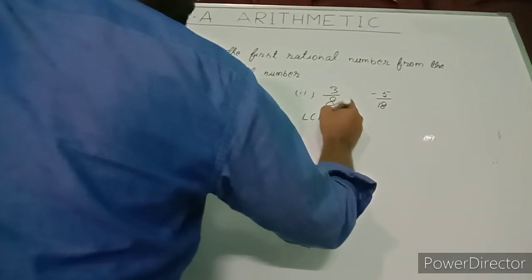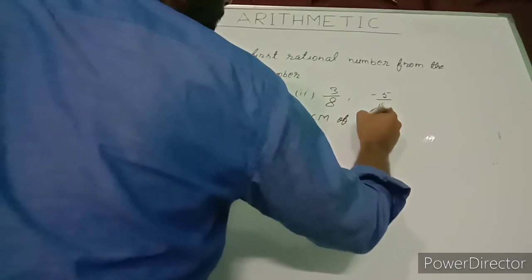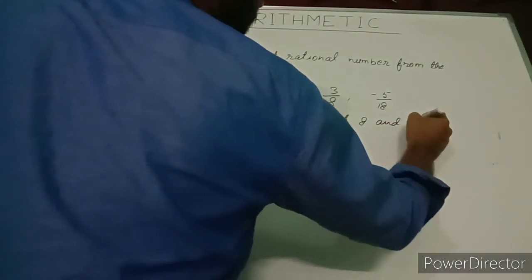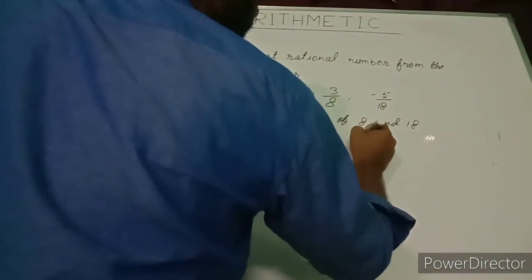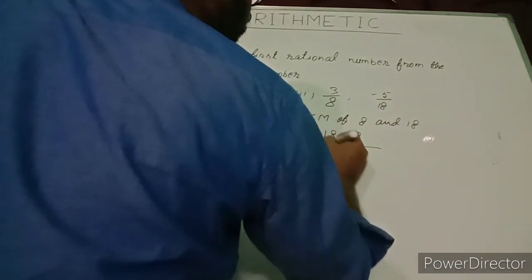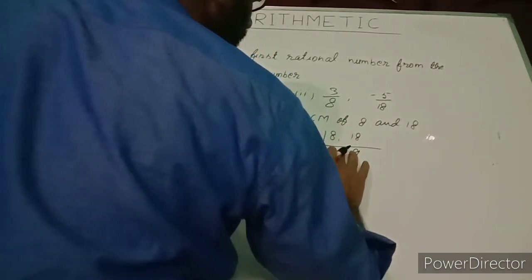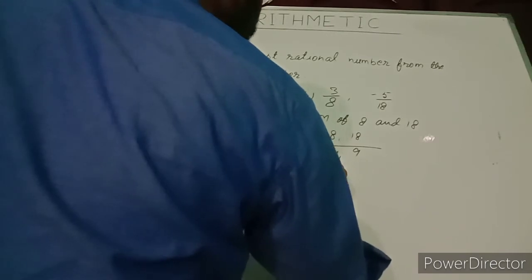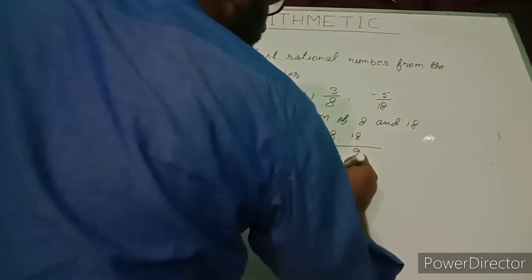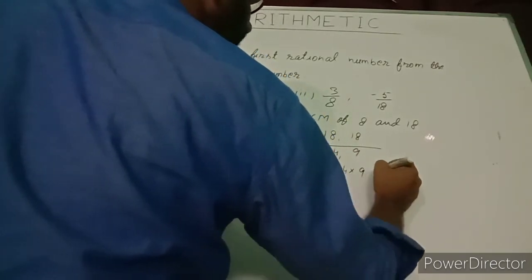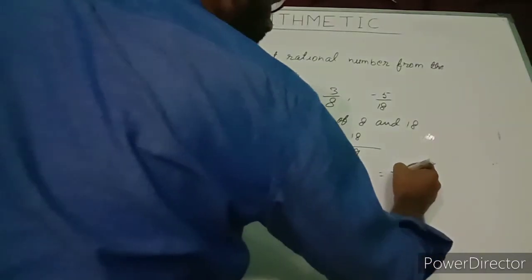So the LCM of 8 and 18 we find here, divisible by 2, 4 2s, 2 9s. So that became equal to 2 into 4 into 9 equal to 72.